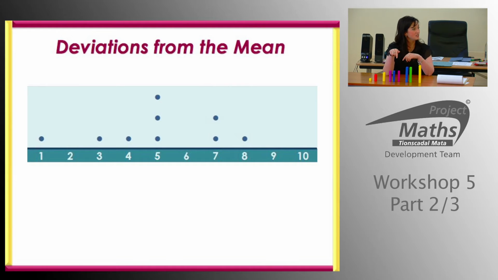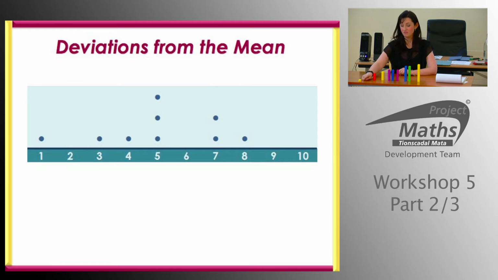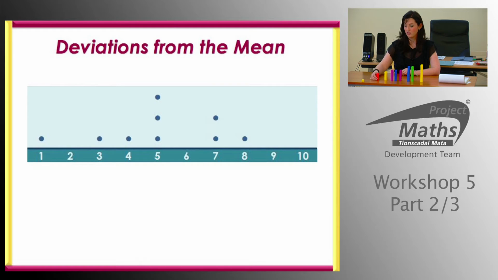So to make a dot plot: 1 person got 1, nobody got 2, 1 person got 3, 1 person got 4, 3 people got 5, so that's going to be 3 dots. Nobody got 6. 2 people got 7, and 1 person got 8.